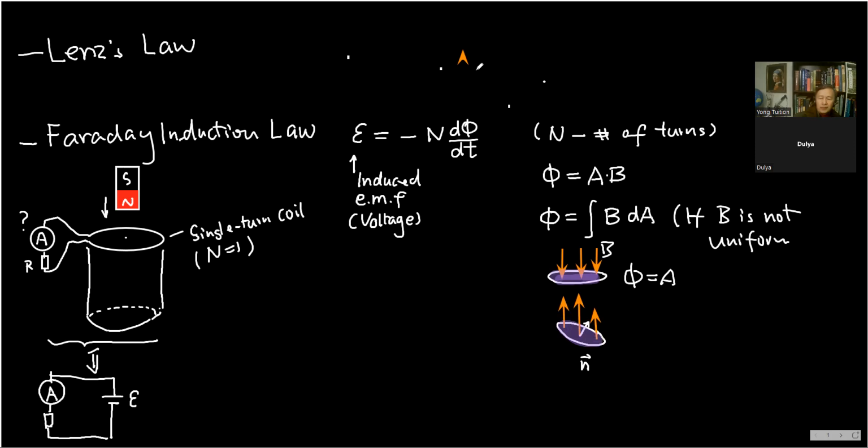Therefore, if this angle is theta, then phi is different. Even if B is uniform, we have to multiply by cosine theta. That is, phi equals BA cosine theta. Have you studied this formula?